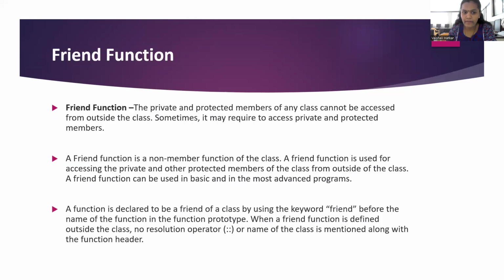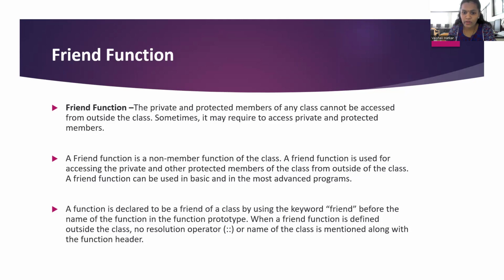So basically, a friend function is used to access the private and protected members of any class. When we are declaring one class, we are accessing its members. These are generally wrapped in private, public, or protected mode. Sometimes we need to access those private or protected data members in other classes.